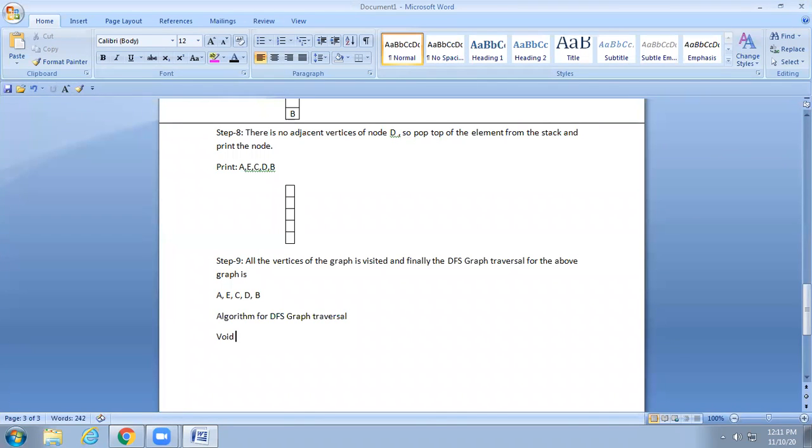The return type of the function is void. So the class name is Graph. The method is DFS. A graph is always represented by a two-dimensional matrix, an adjacency matrix.